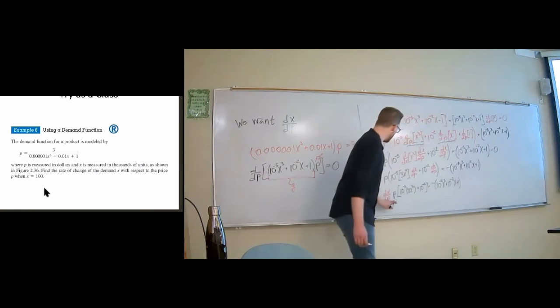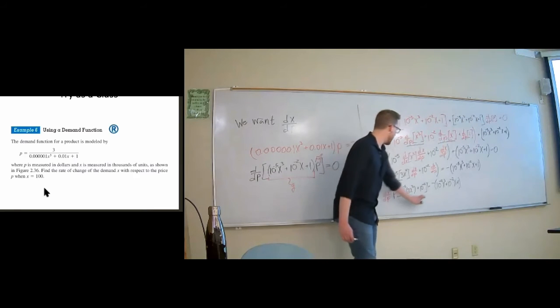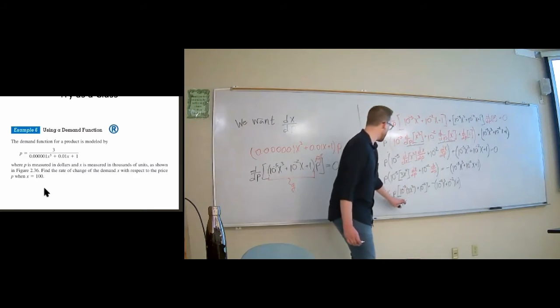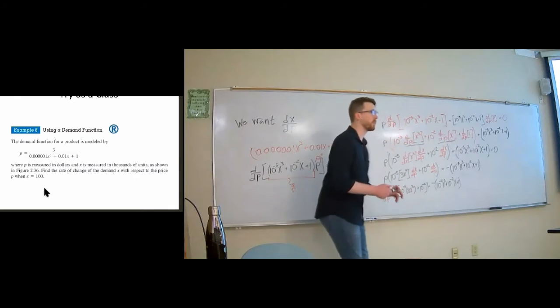And of course, finally, to solve for dx/dt, we divide both sides by p times this polynomial, right?